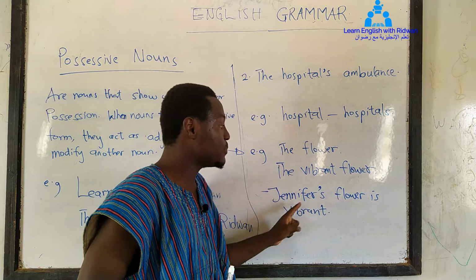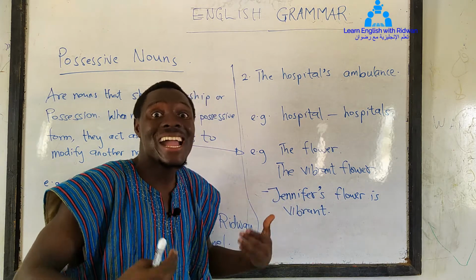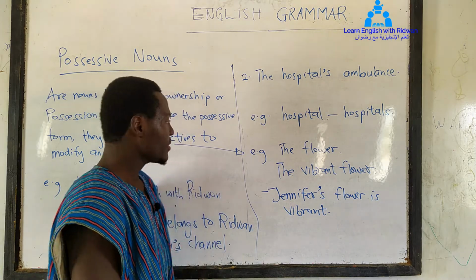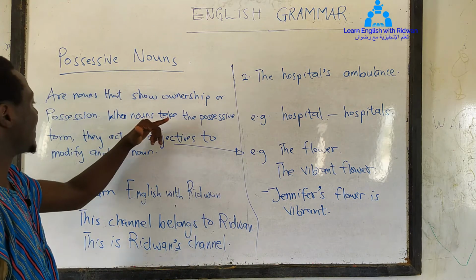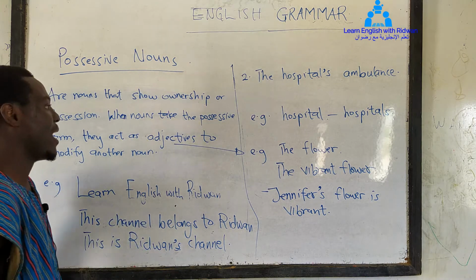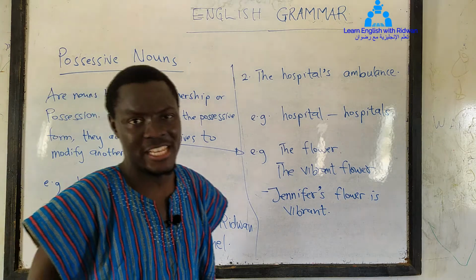So we use these possessive nouns like adjectives to also explain what nouns are. So that is what we mean by saying when nouns take the possessive form, they act as adjectives to modify another noun. So that is all we have for possessive nouns.